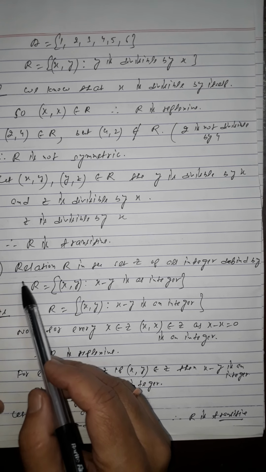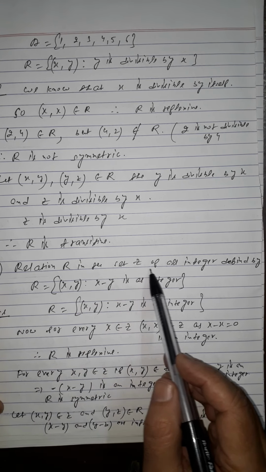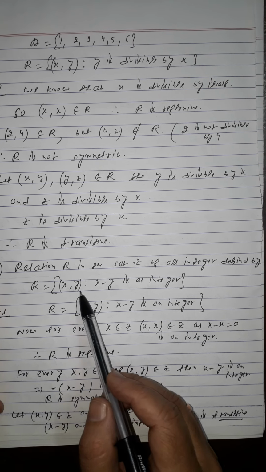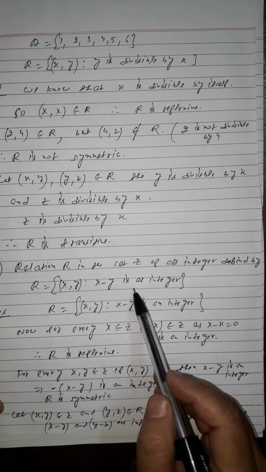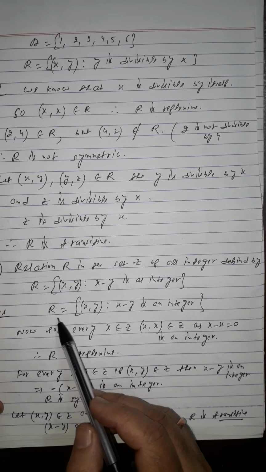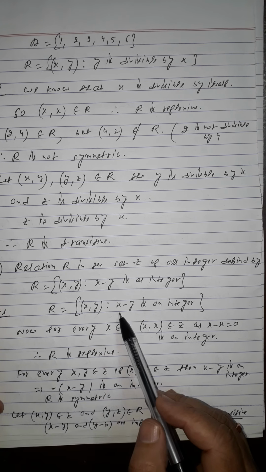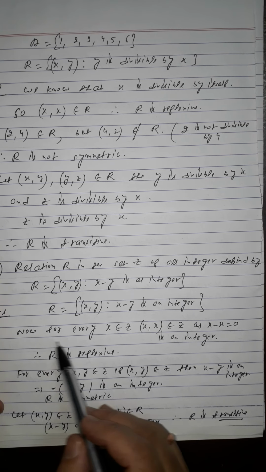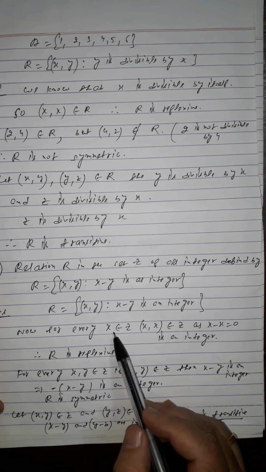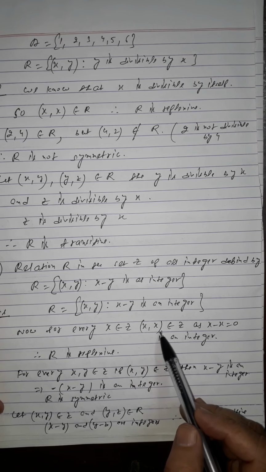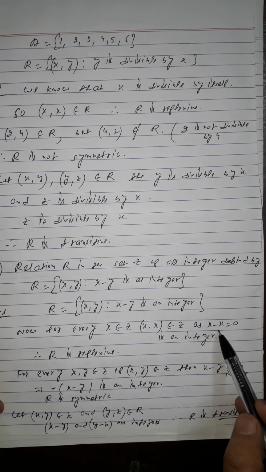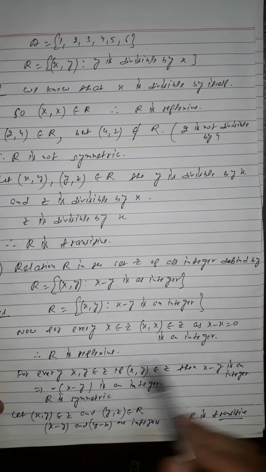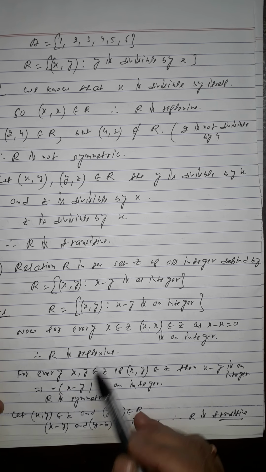Let us come to question number 4. The relation R in the set Z of all integers is defined by R equal to {(x, y) such that x minus y is an integer}. So you can see, students, the solution is: because x belongs to Z, (x, x) belongs to R, as x minus x equal to 0 is an integer, and R is reflexive.